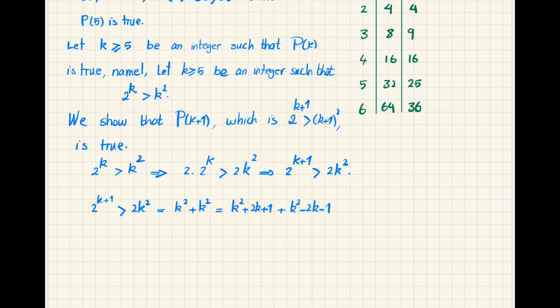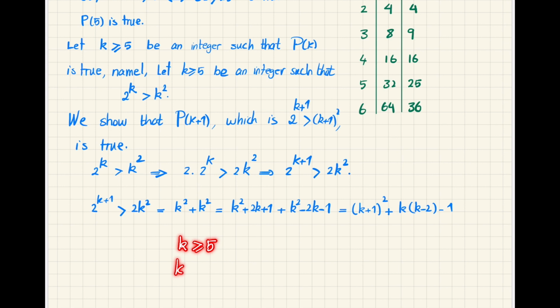But now what I can do, I can collect the first three terms into k plus 1 squared, and between these two I can factor a k out. It becomes k times k minus 2, and then minus 1. But now see here, we know that k is greater than or equal to 5.